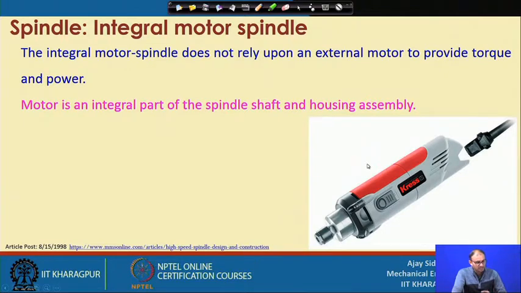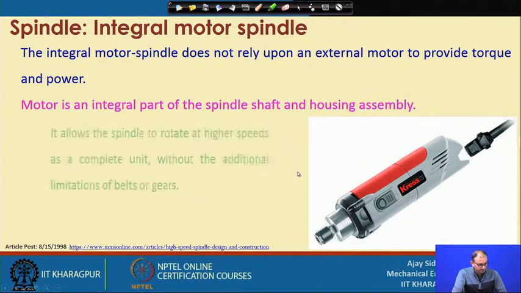We have seen some of the advantages of the belt drive spindle, but those advantages are not available for the integral motor, because it is a single body and whatever specification is there, you cannot change the specification by changing any of the components, because all components are designed with respect to the full body.